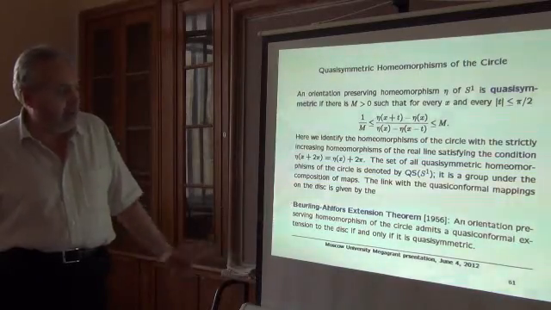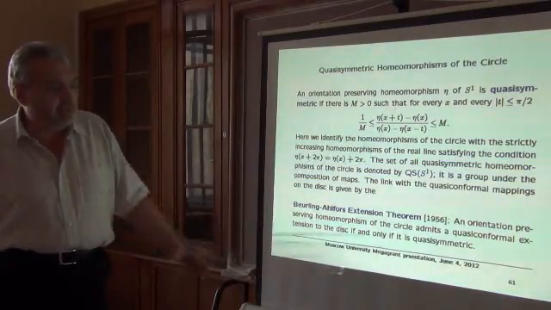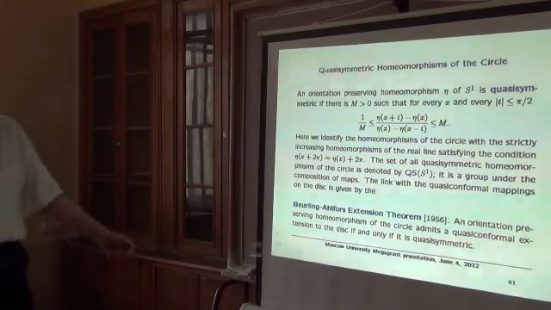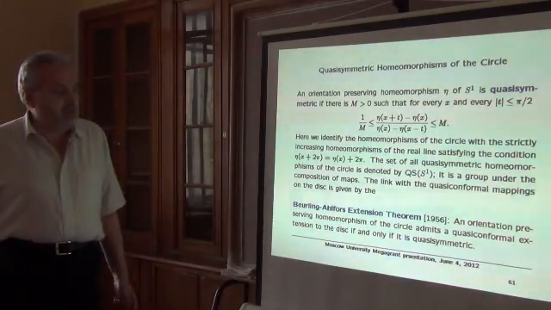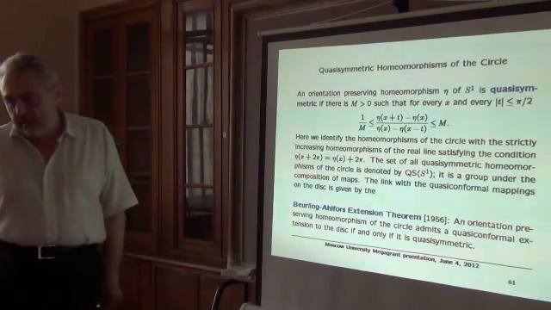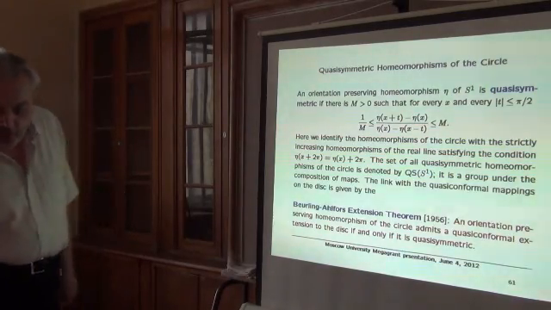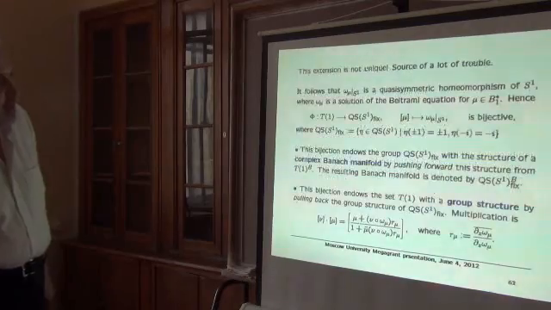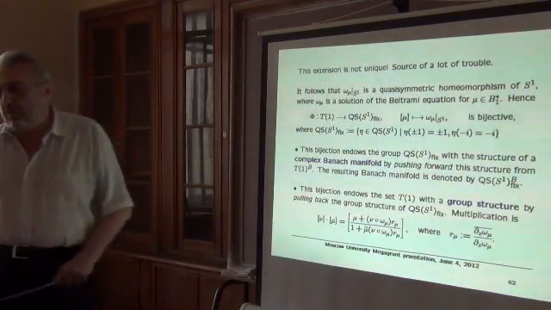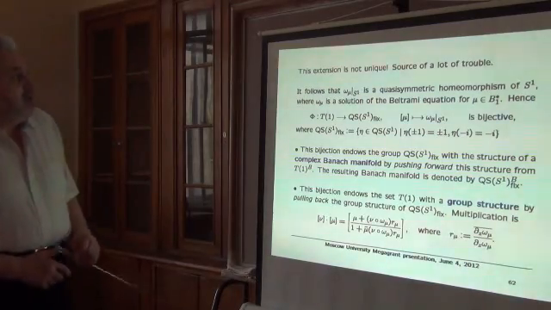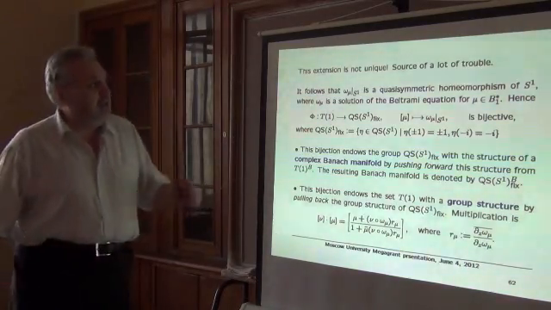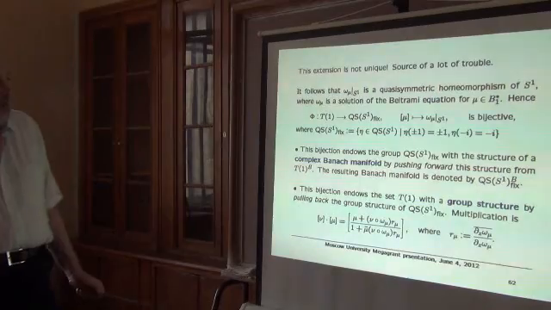For example, there's the Beurling-Ahlfors extension theorem that says that an orientation preserving homeomorphism of the circle has a quasi-conformal extension to the unit disk if and only if it is quasi-symmetric. So what are quasi-symmetric homeomorphisms? They are boundary values of quasi-conformal maps. That's how you have to think of them. Okay, so this extension is not unique. This is a source of lots of problems.